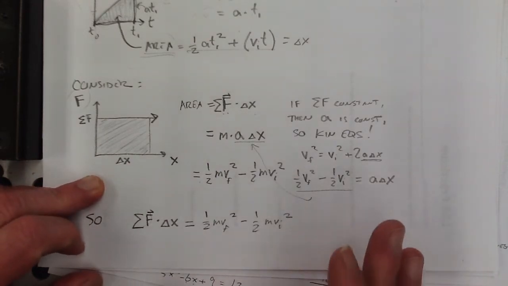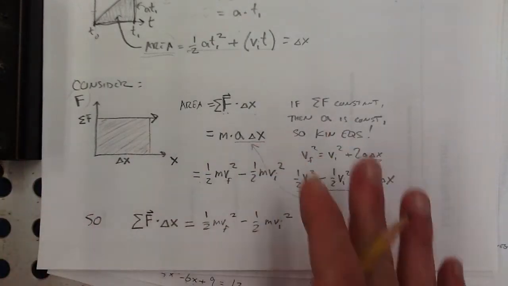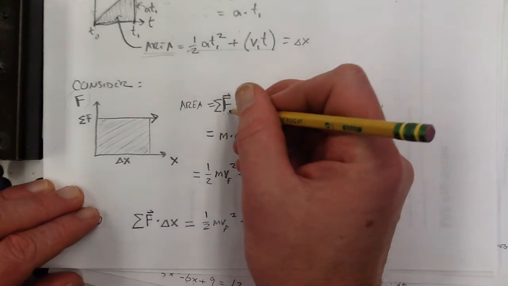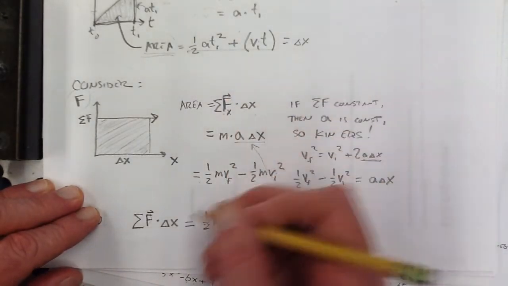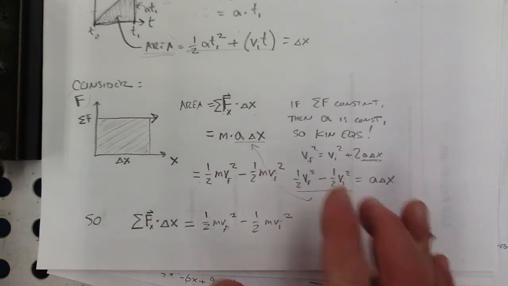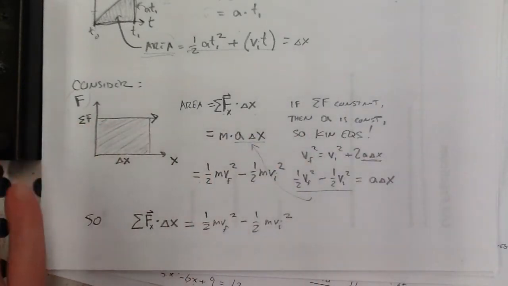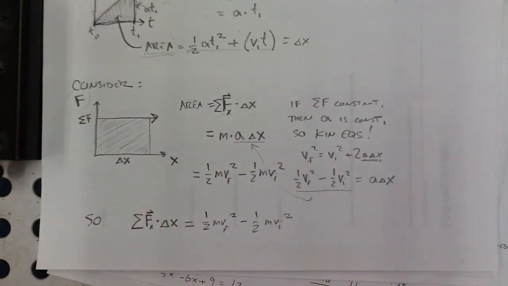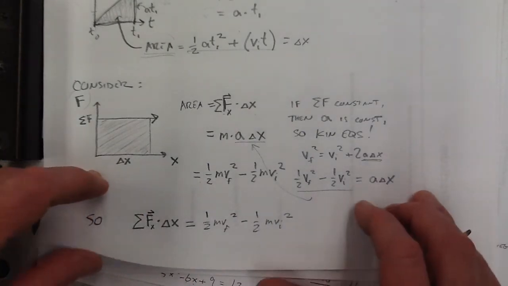I should just note here, for this all to be completely correct, this is the sum of all forces in that x direction. I'm only thinking about one dimension right now, so everything's happening back and forth on a line. We'll generalize in a minute.